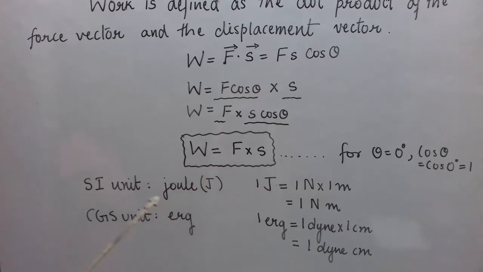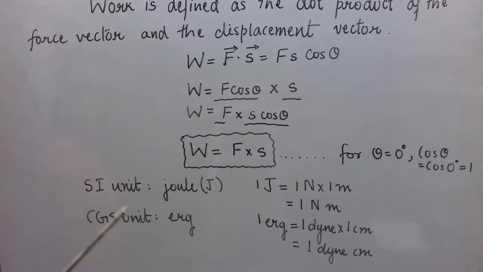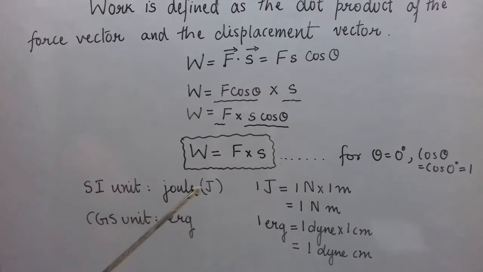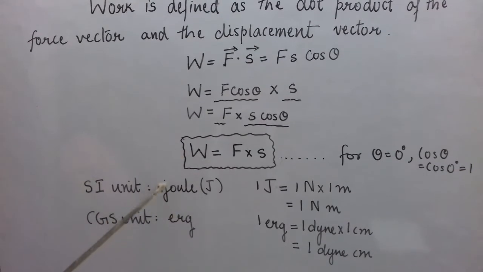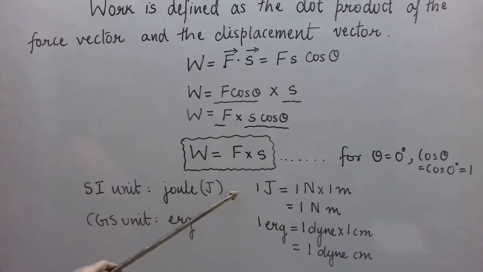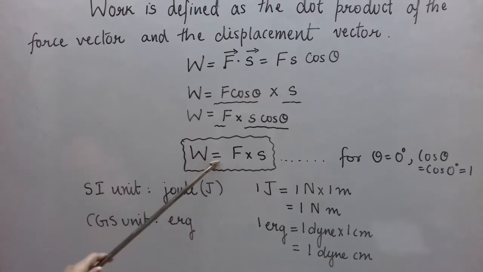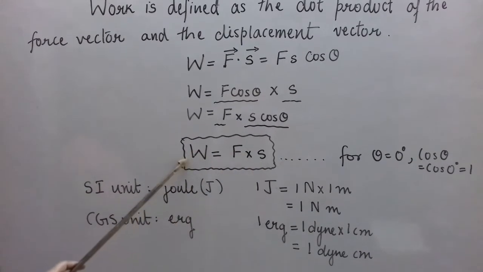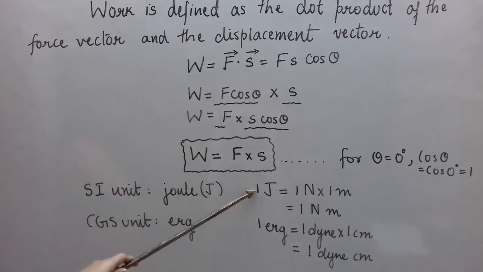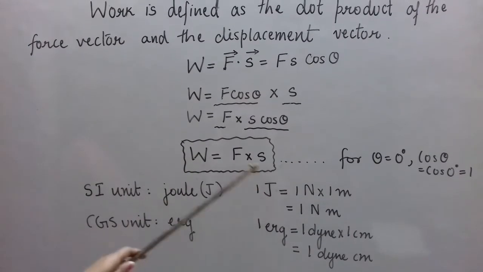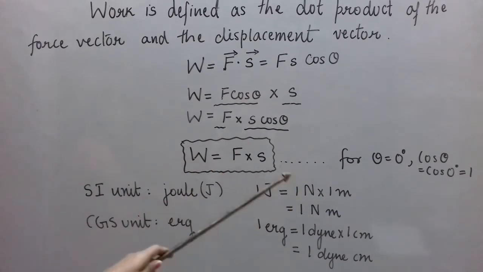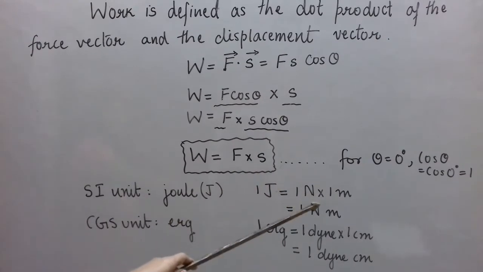So, as we have defined Newton from F is equal to ma, similarly, you can define 1 Joule or the SI unit of work from this equation. Now, W is equal to F into S. You know that work done will be 1 Joule when force is 1 Newton and displacement is 1 meter.